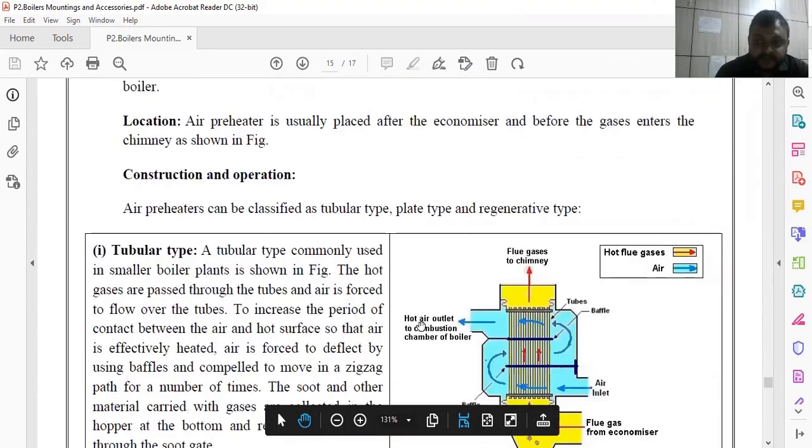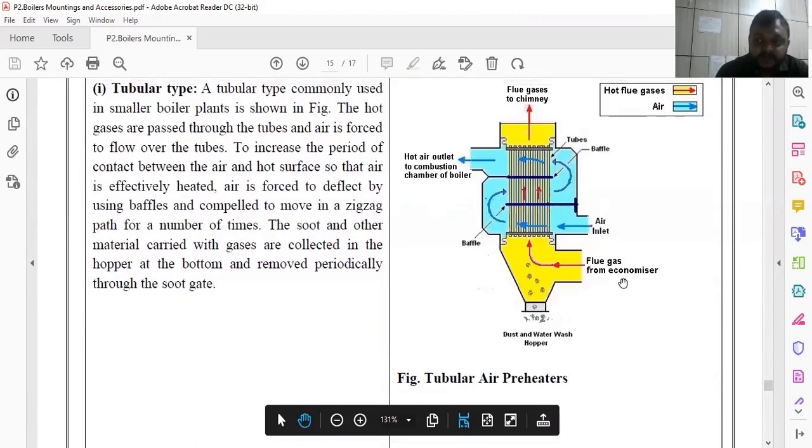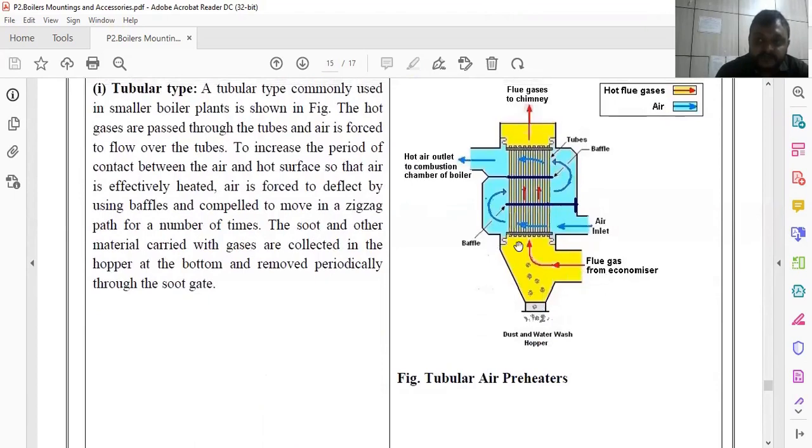And the air heater is normally tubular, in which flue gases from the economizer enter this chamber by means of the baffle, and normal air is added and then passed by means of the baffle, so that maximum contact area can be achieved. Otherwise air simply passes through and cannot have much contact time or area.